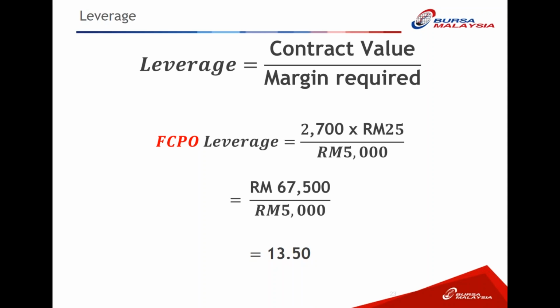Have you ever heard people say that CPO has got higher risk compared to FKLI? If you look at leverage, actually CPO has got slightly lower leverage than FKLI. But of course, CPO is considered riskier because the price movement of FCPO also tracks bean oil, which is traded in the US and around the world, and also tracks crude oil, which is traded around the world, around the clock.